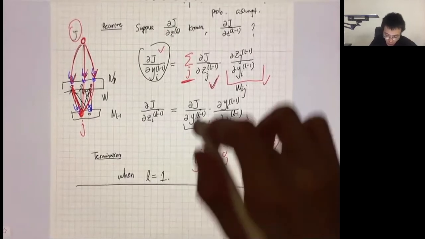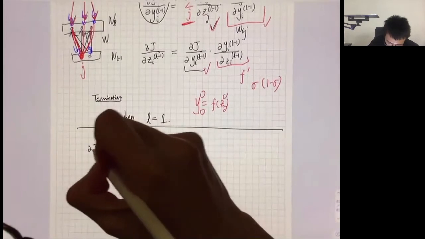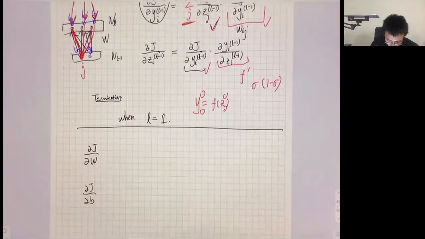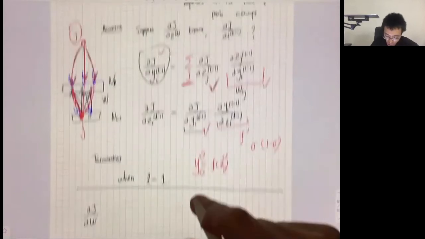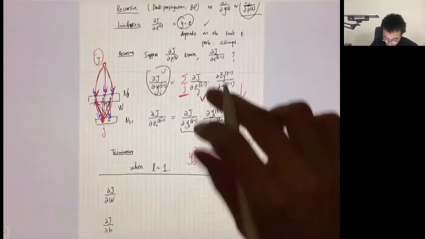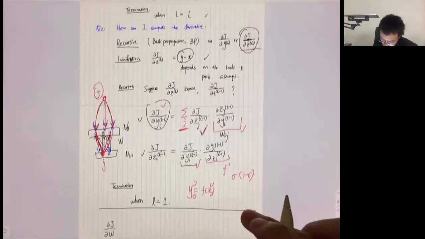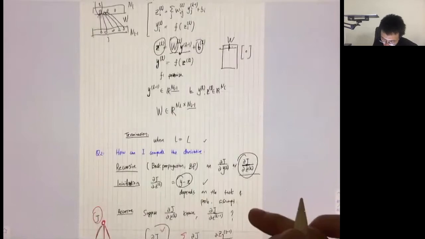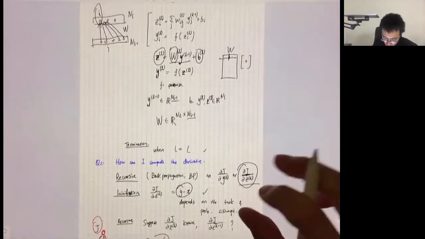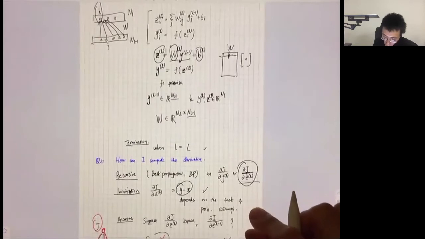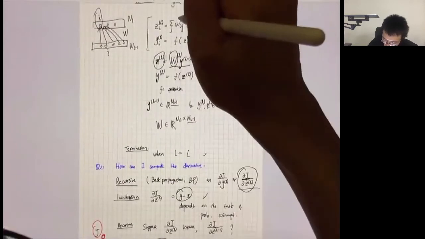Okay, but our question is to compute the partial derivative of J with respect to W and partial derivative of J with respect to B. Okay, so we can very easily compute that from these two equations. Okay. So what is the partial derivative of J with respect to W? Ij.